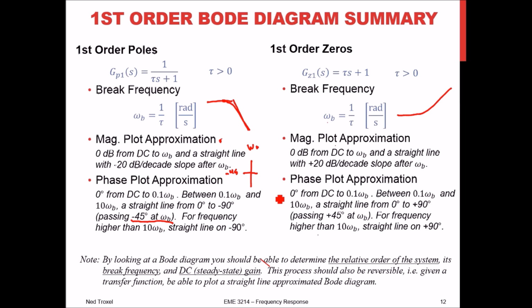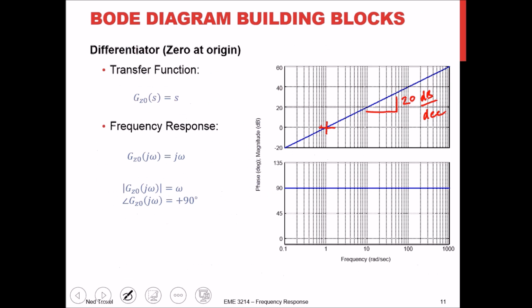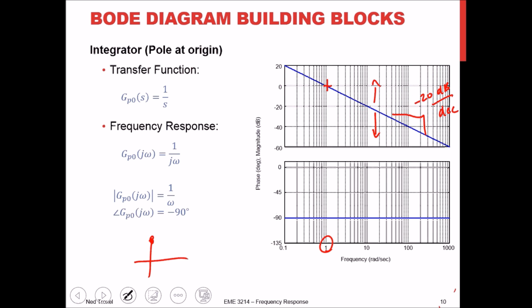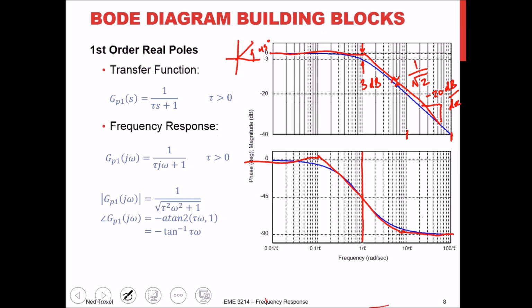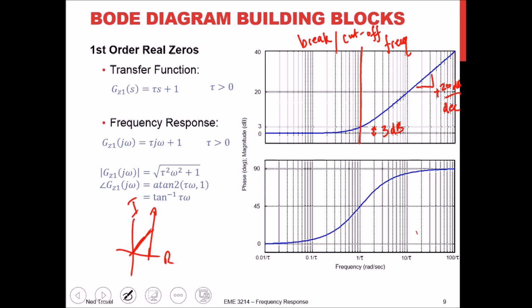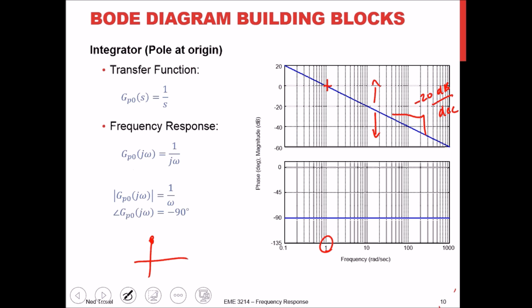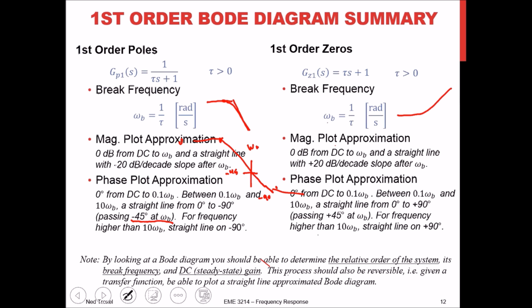One decade above, we go flat at minus 90, and one decade below, we go flat at 0. If you notice, our first order pole wound up at minus 90, and so did the integrator. You can think of a pole as always subtracting 90 degrees of phase, and a 0 is always adding 90 degrees of phase, at high frequencies.